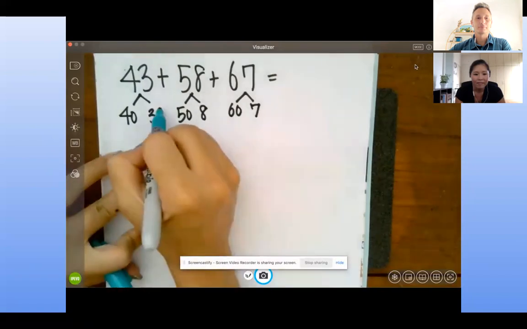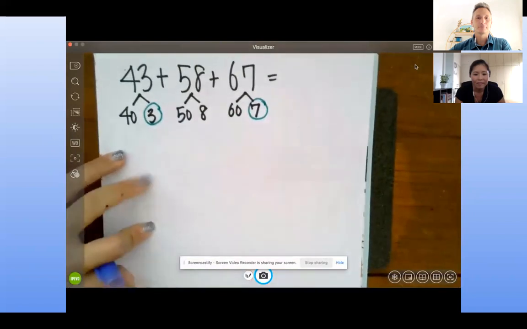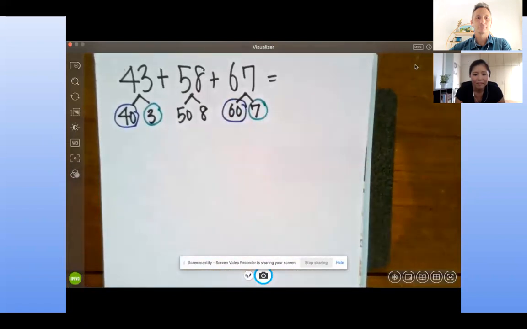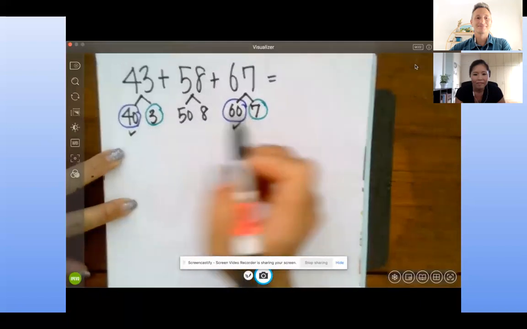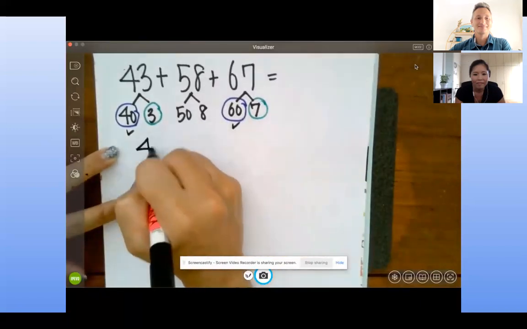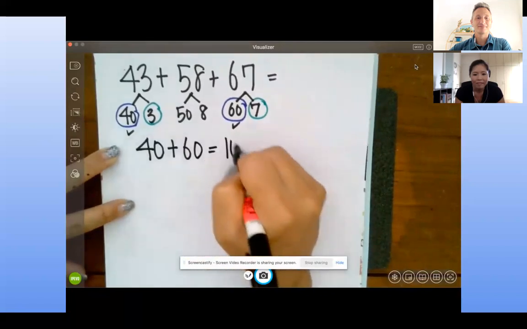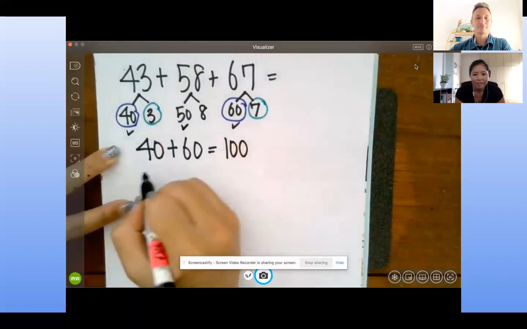Do I spot? 3 and 7 makes 10, friends of 10, and I can also spot 40 and 60 makes 100. I'll make sure that I add them first. All right, I'm going to start by adding the 10. I'm going to add 40 and 60 because I know that makes 100. That's really quick.